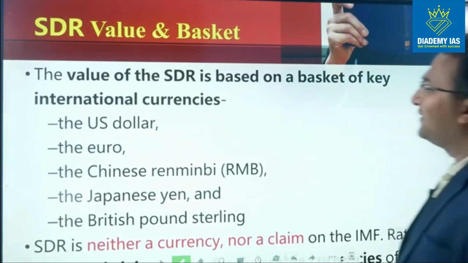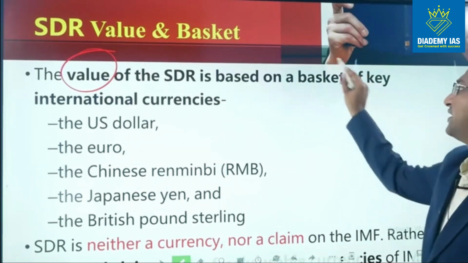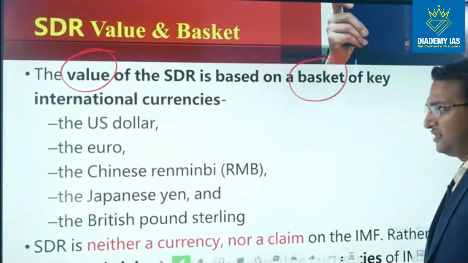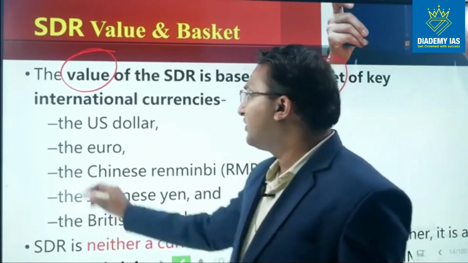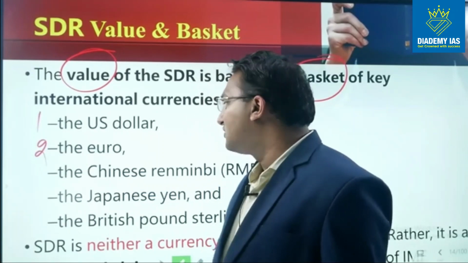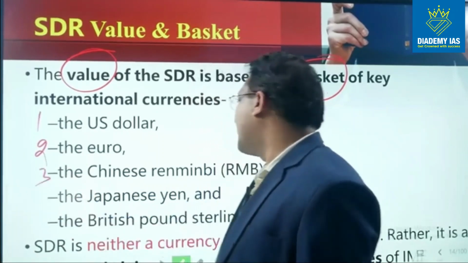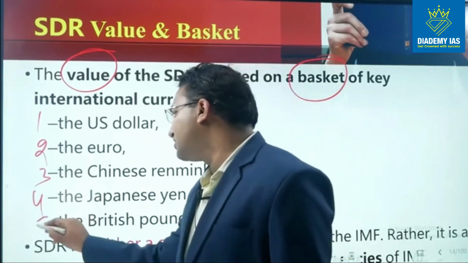Now, how do we determine the value of SDR? The value of SDR is based on a basket of key international currencies. So we discussed that there are 5 currencies. First is the US dollar, second is the euro of the European Union, third is the Chinese RMB, then we have the Japanese yen, and the British pound sterling.